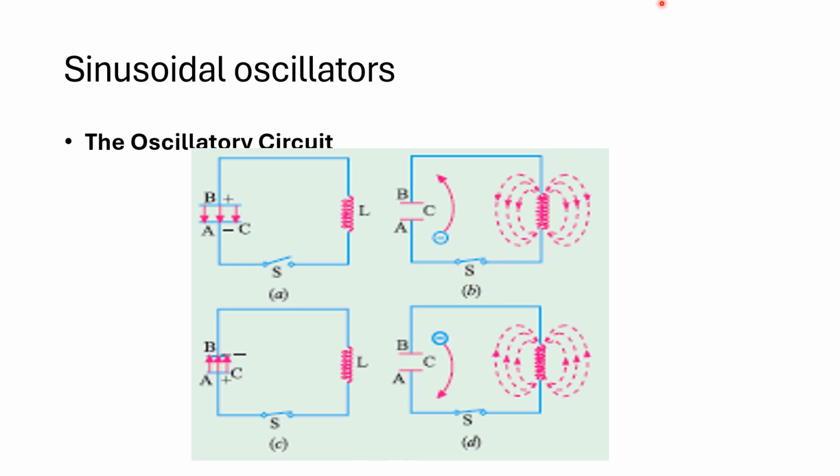The moment the switch is closed, we can see that the electrons move from plate A to plate B through the coil.